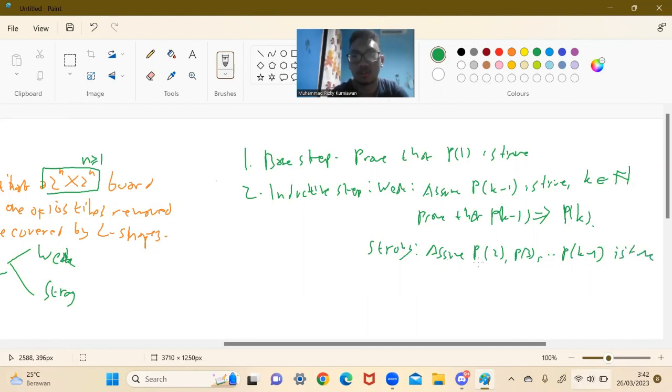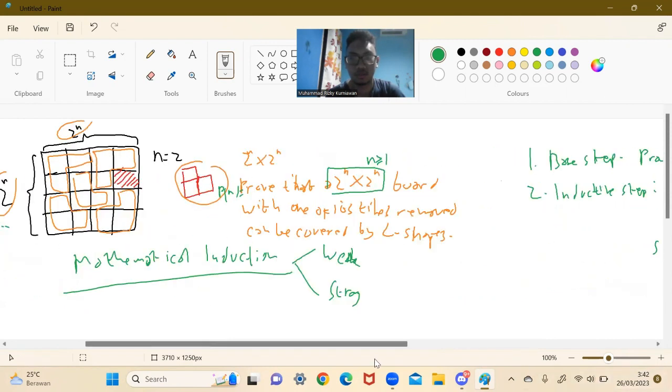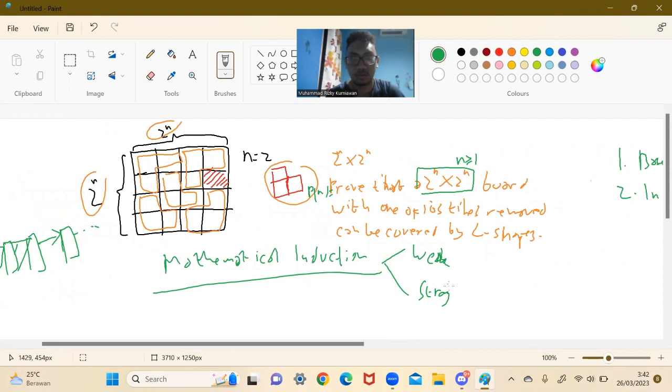We have to use the assumed truth of all these statements to prove P(k). All right. Now that we know the two kinds of induction, let's move on to prove the statement.